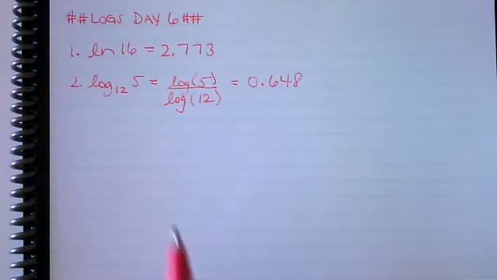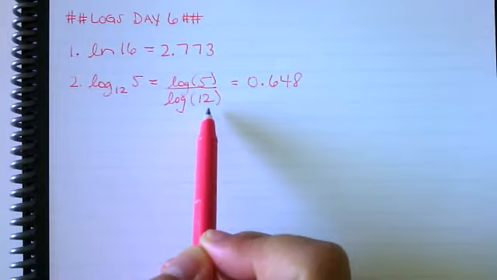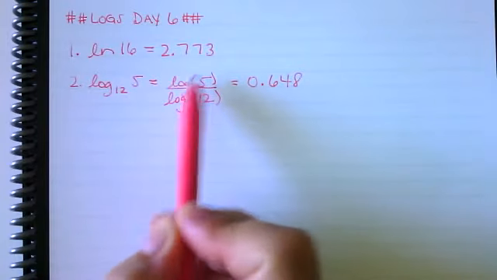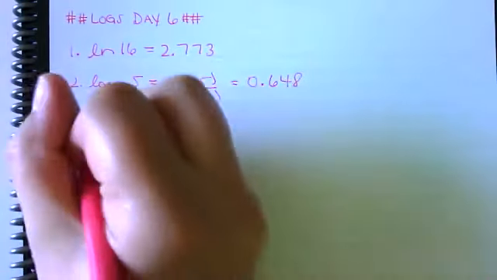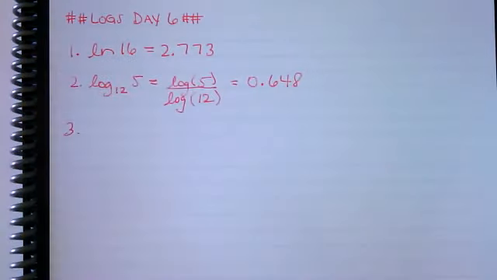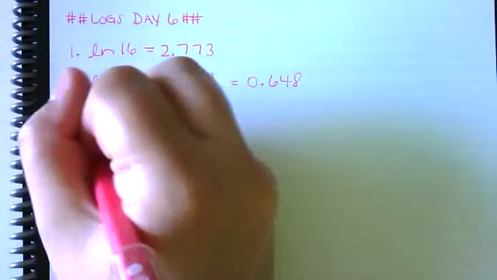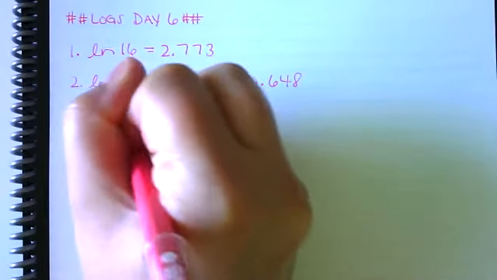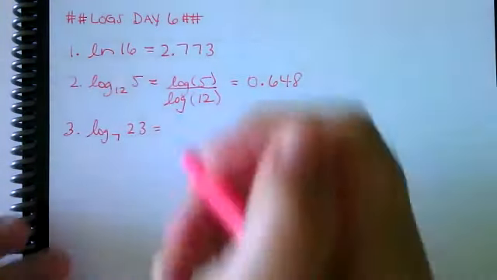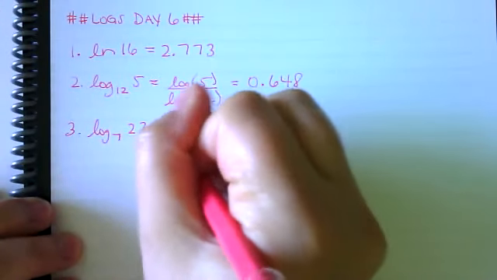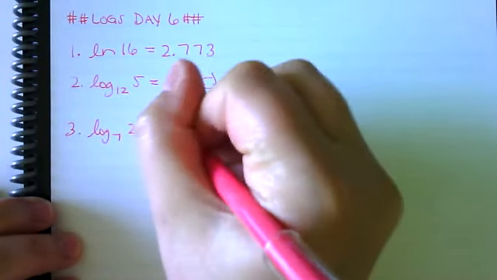Again, the base goes in the basement, and then this larger number goes up on top. For question number 3, we have log base 7 of 23. Again, base goes in the basement, log 7 on the bottom, and then log 23 on top.